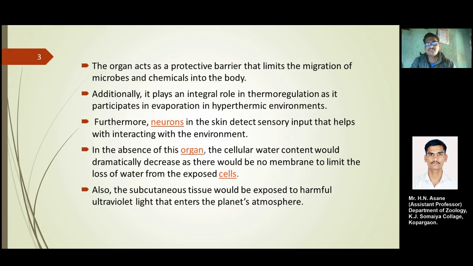As you all know, the normal temperature of our body is 98 degrees Fahrenheit, that is 37 degrees Celsius. We can thermoregulate as the environment changes.